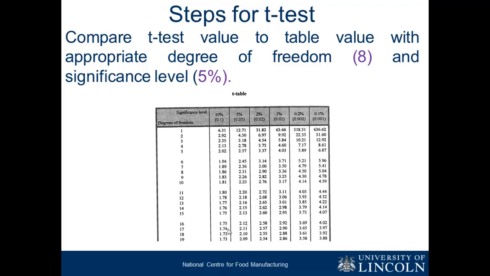So now let's look at this table. This is a T table. Look at the significant level. We have 10% significant level, which is 90% confidence interval. We have 5% significant level, which is 95% confidence interval.